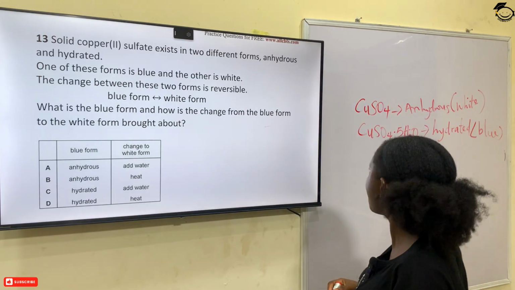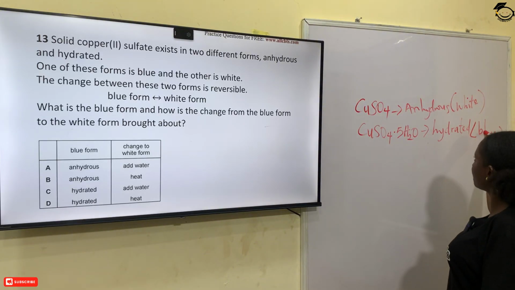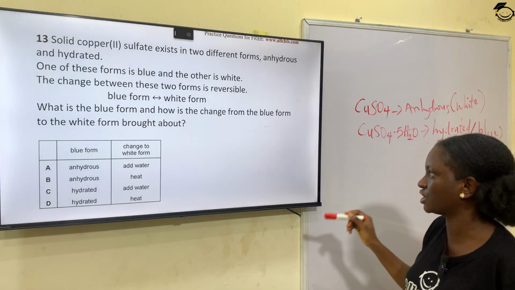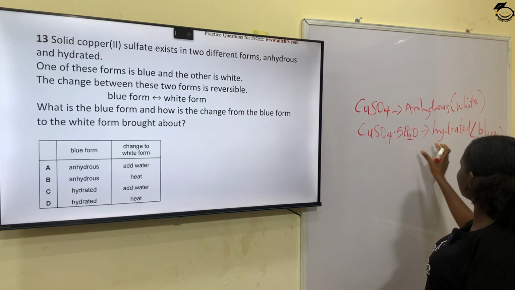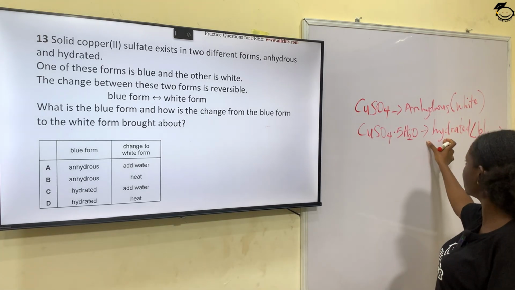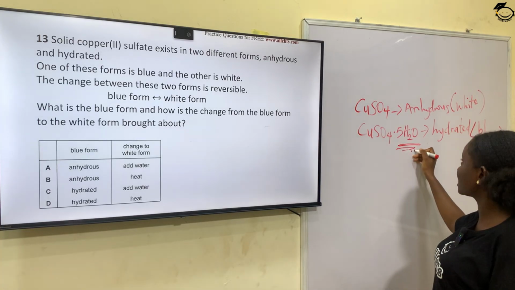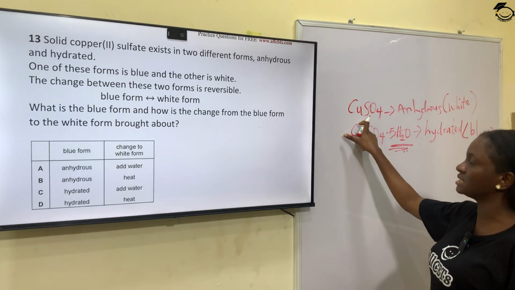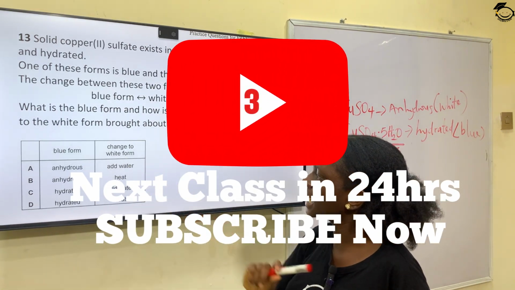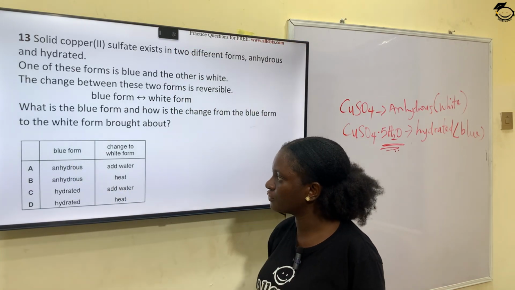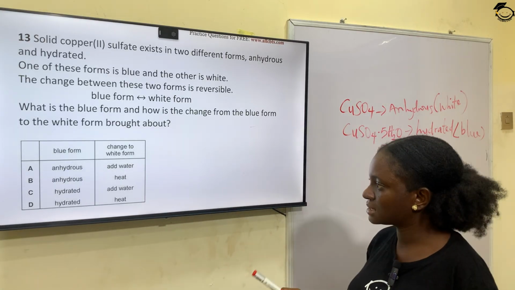And how is this changed from the blue form to the white form? When heat is applied to this hydrated form, it loses its water of crystallization, which is these 5 molecules of water. Then we have only copper 2 sulfate. Option A says anhydrous is the blue form, then changes to white by addition of water. No, that is not correct.